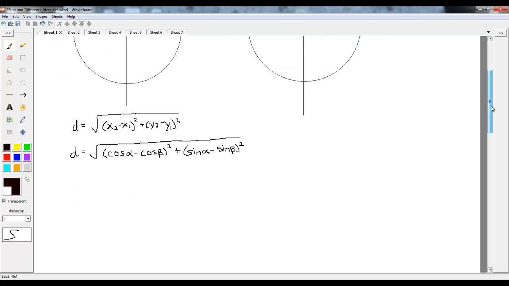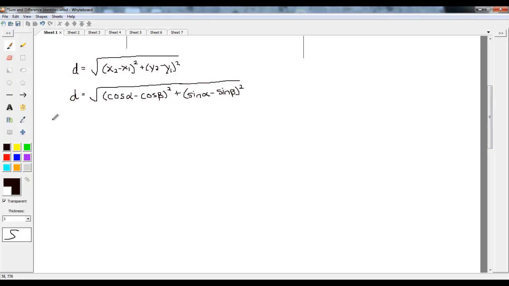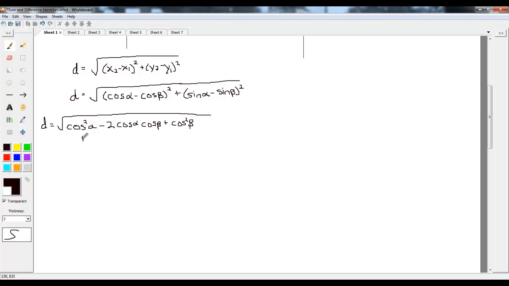Let me scroll on down so we can work that out some. Go ahead and do your squaring. Cosine alpha minus cosine beta times itself, you're going to end up with cosine squared alpha minus 2 cosine alpha cosine beta plus cosine squared beta. And then plus, you've got sine alpha minus sine beta, you're going to get sine squared alpha minus 2 sine alpha sine beta plus sine squared beta.